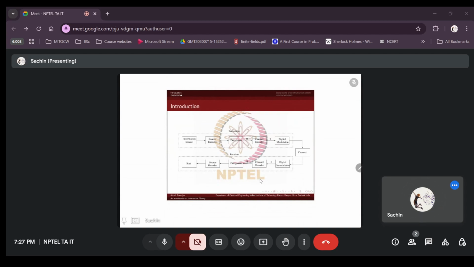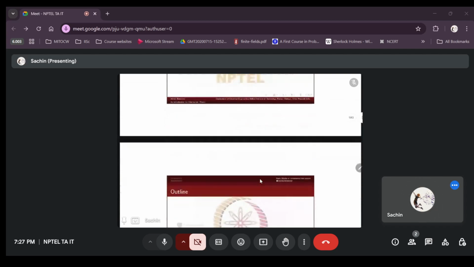From the source, you do encoding and you get code words from that. If you're doing cryptography, there might be some encryption that will again give you a code word. From that, you do channel encoding to correct errors. After that, you do digital modulation. And then on the receiver side, you do the inverse of these processes in the reverse order.